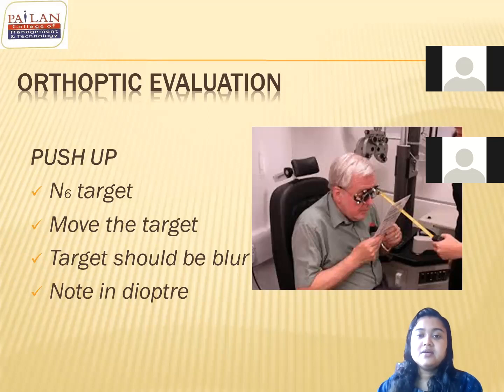Now he needs to read a book at 40 centimeters. How do we prescribe the addition? We always keep 1/3 of the accommodation in reserve, and only then prescribe the addition.